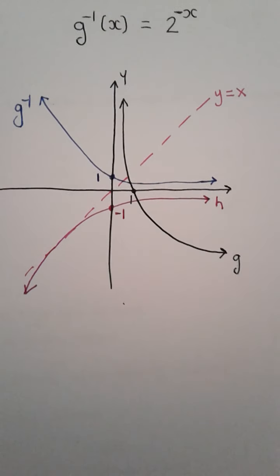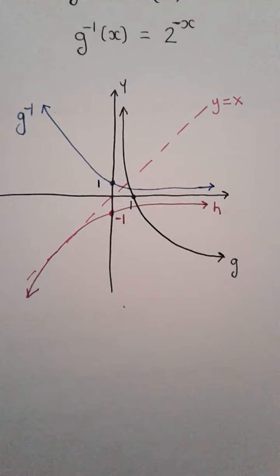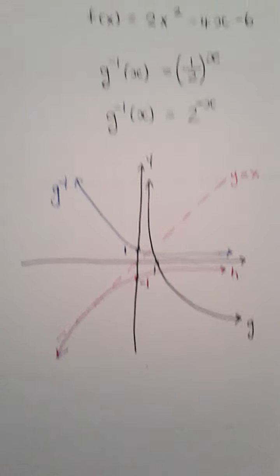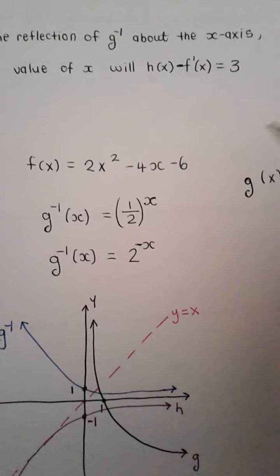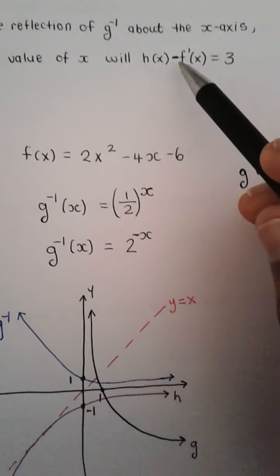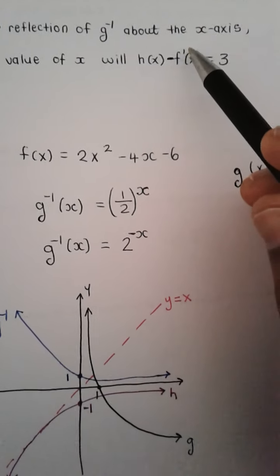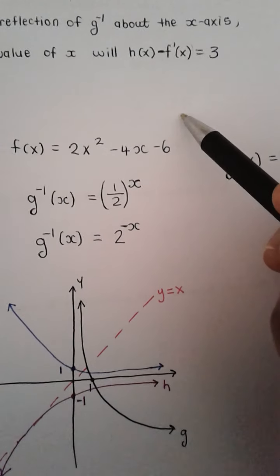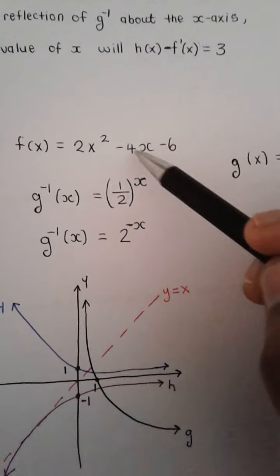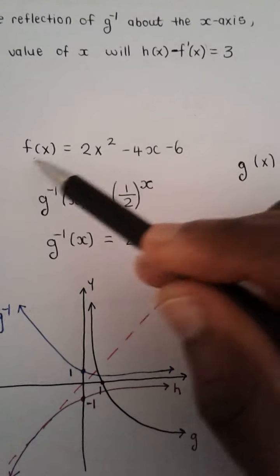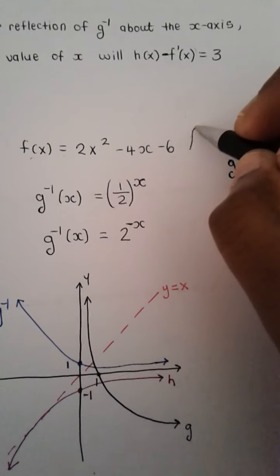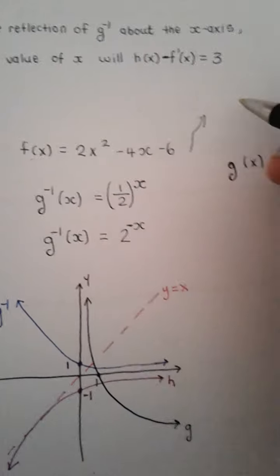Now what they want us to find is when is h of x minus f prime of x. They're just playing with notations in this question. For f prime of x, we can get that by deriving f of x.